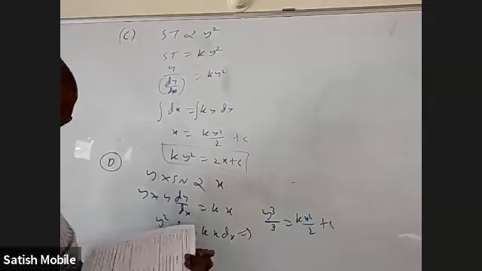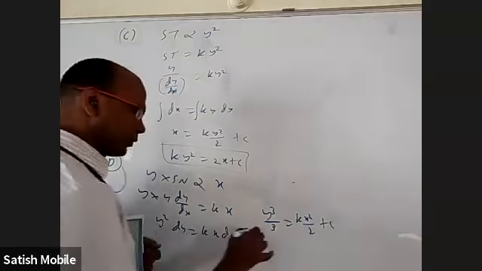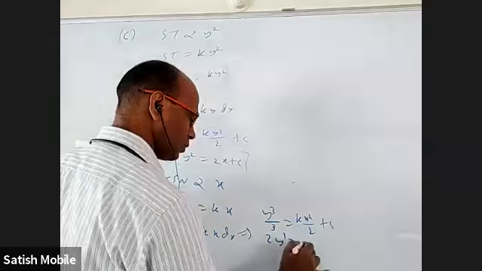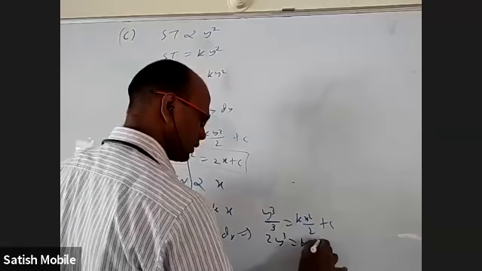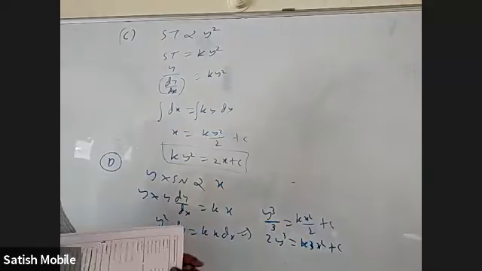So option P is like that only: 2y cube equal to 3kx square plus some c. 6c or c doesn't matter.